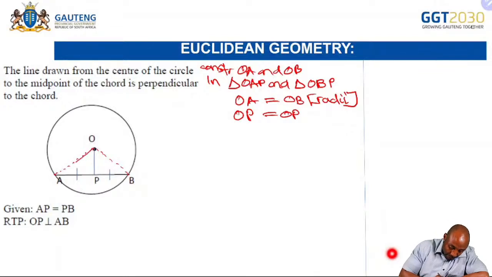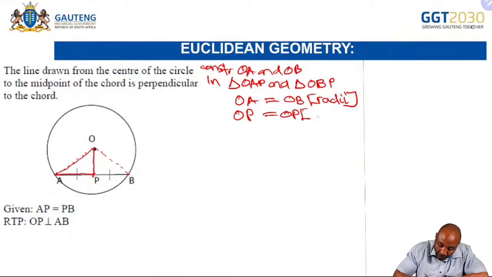So that we see the difference, let me just try to solidify triangle OAP so that we see what we are referring to. OP, if you check, I have OP on the red triangle. I also have OP on the black triangle. It's common side. We just write common there. AP is equal to PB.